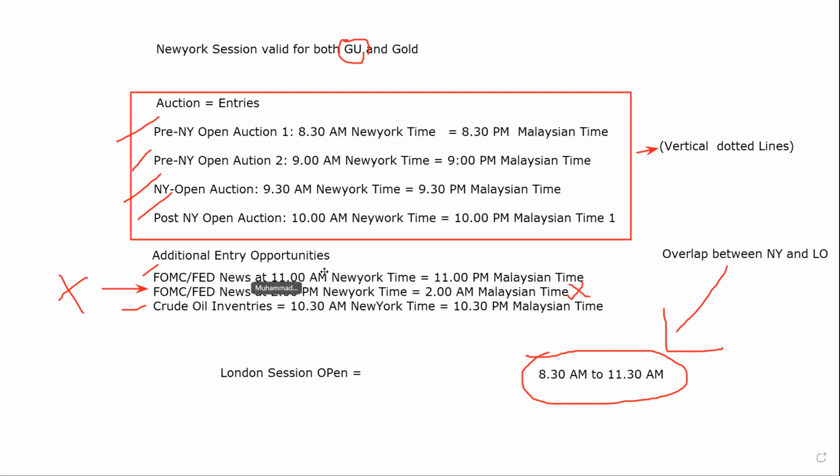You can also cover this Fed news and this crude oil inventory news, but not this FOMC and Fed news that occurs at 2 p.m. New York session and 2 a.m. Malaysian time. Why? This is only for GU, because at that time, the London session is closed.